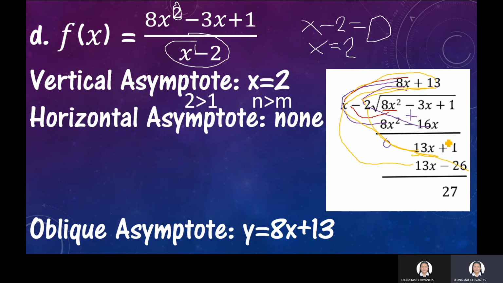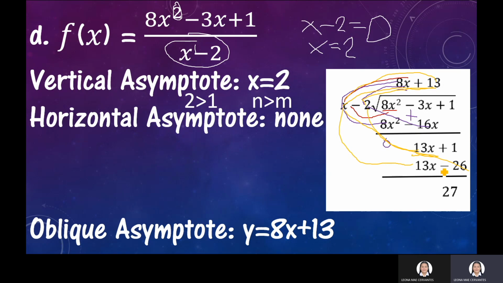Okay? Then 13x minus 13x, 0 na. Then, positive 1 minus negative 26. So, again, negative, negative becomes positive. So, positive 1 plus positive 26 equals positive 27.